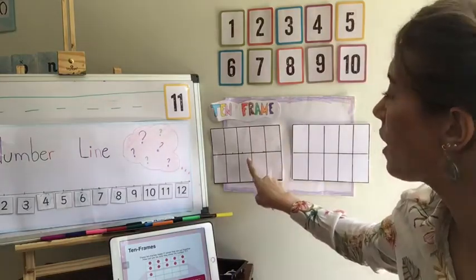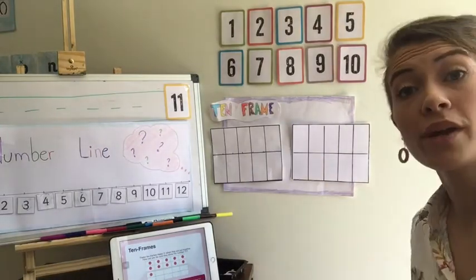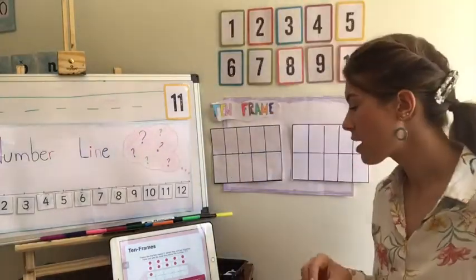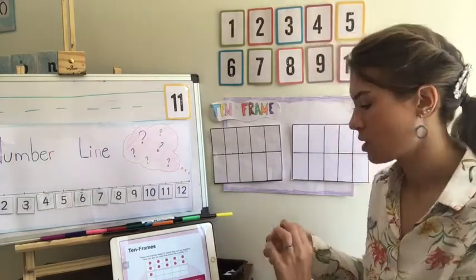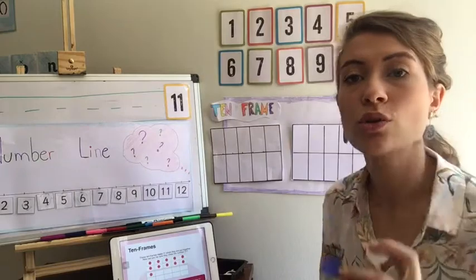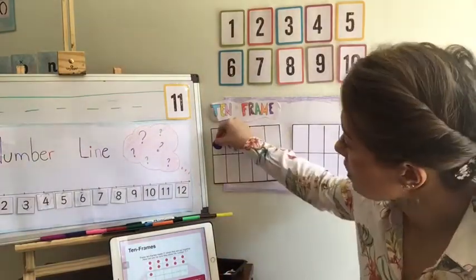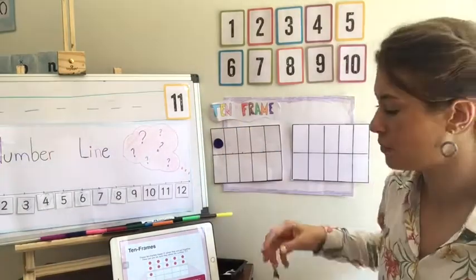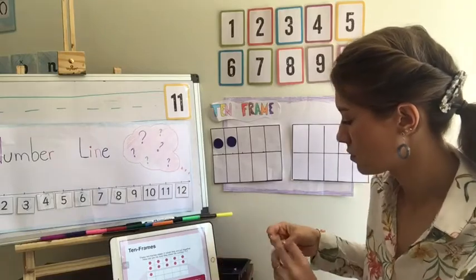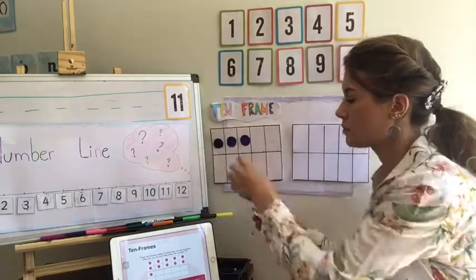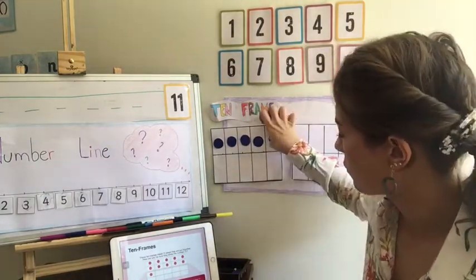As you can see here, I have one 10 frame and I have another one. And then we are going to represent it together, okay? I have here my counters, and we are going to put the numbers inside, okay? Starting from here, I have 1, 2, 3, 4, 5.